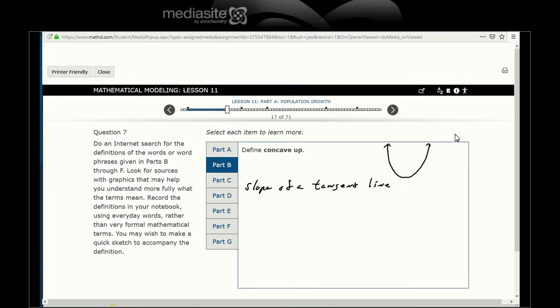Okay, and here's a tangent line. I best describe this one without getting too technical.